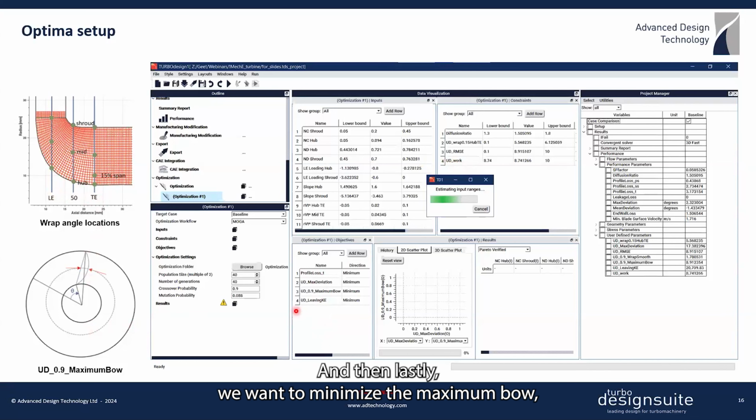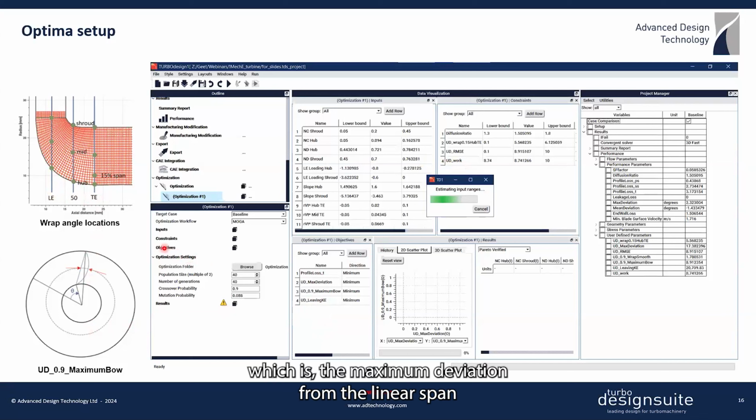And then lastly, we want to minimize the maximum bow, which is the maximum deviation from the linear span at 90% of the streamwise location, basically close to the trailing edge, and would be zero again for a perfectly radial filament blade.